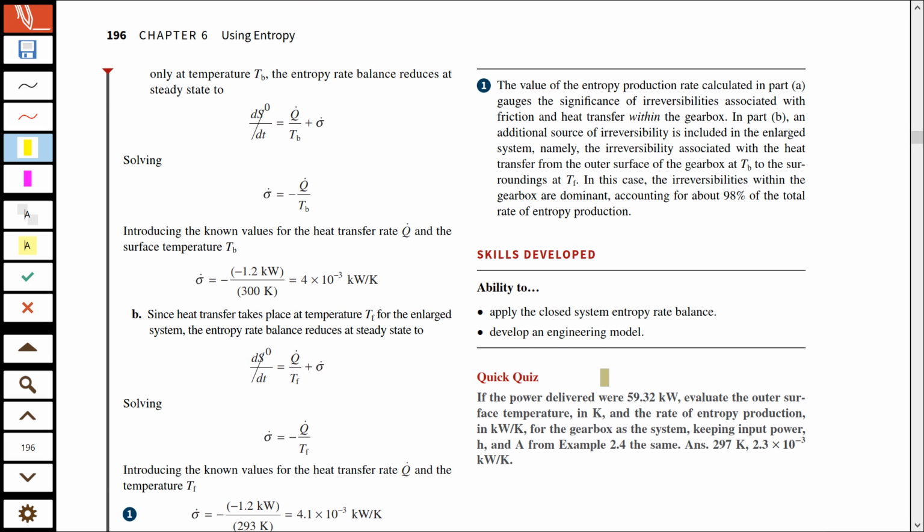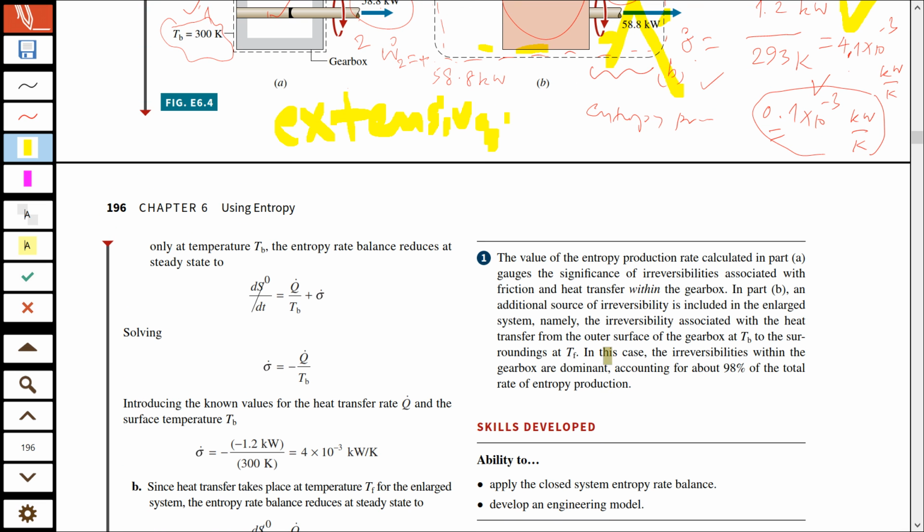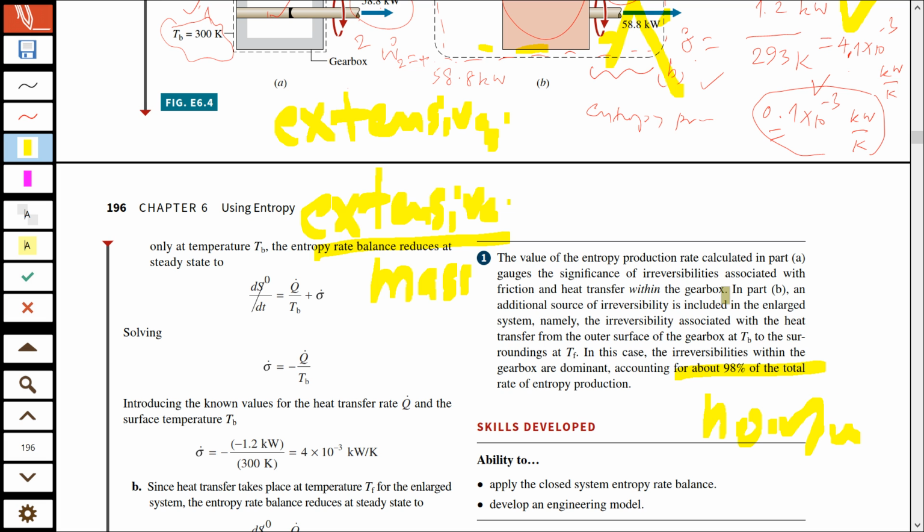And this is why, if you have understood this point, you remember when we go from extensive properties, when we divide an extensive property by, let's say, mass or volume or number of moles, or number of kilomoles, to be very precise in this book, you give it a name.